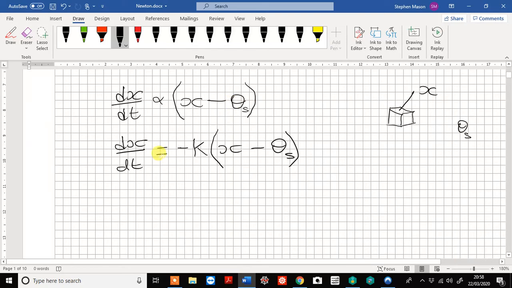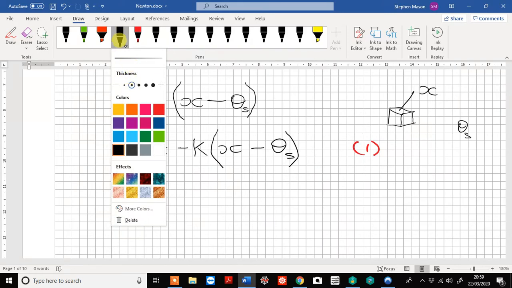We put an equal sign in here so that we get dx by dt is equal to minus k times, in brackets, x minus theta sub s, close brackets. Now, we can easily separate this ordinary differential equation. I'm going to call this equation 1.